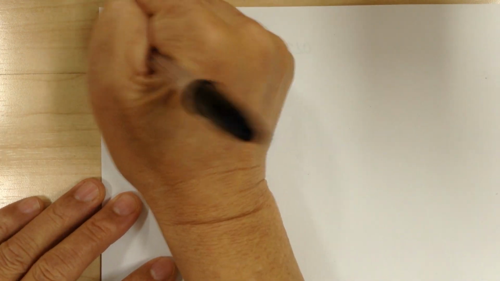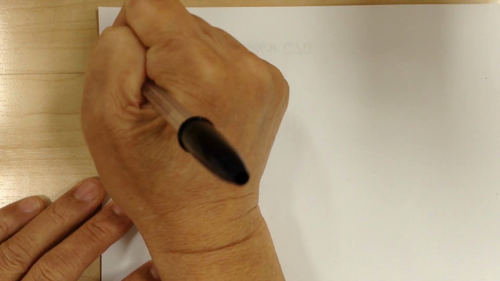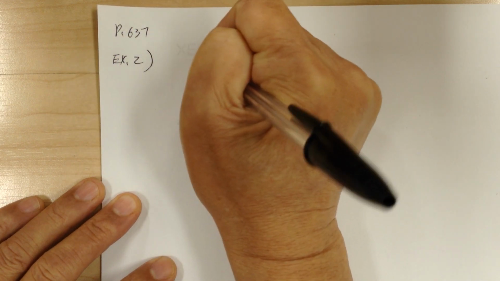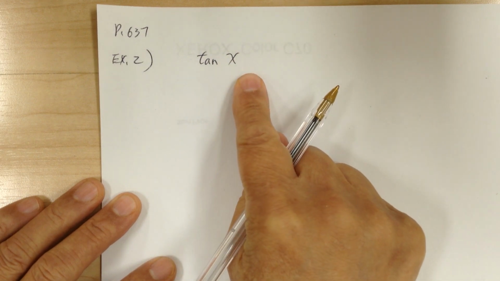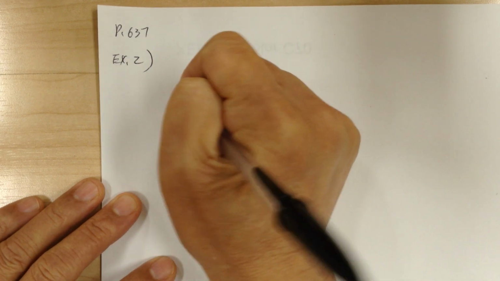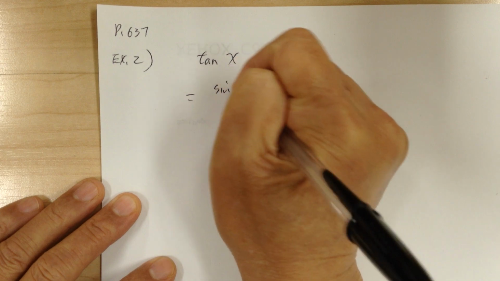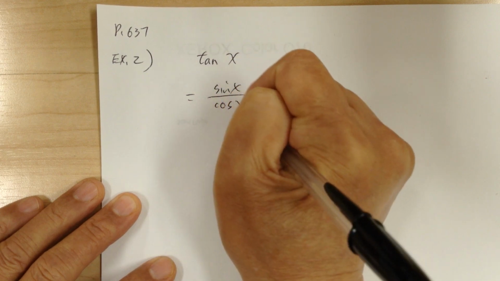Let's go to example 2. So you have tangent x, and you want to write it in terms of sine x. Again, tangent equals sine x over cosine x. Again, that's from your identity paper.